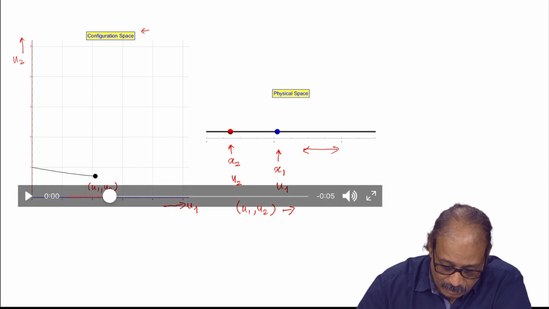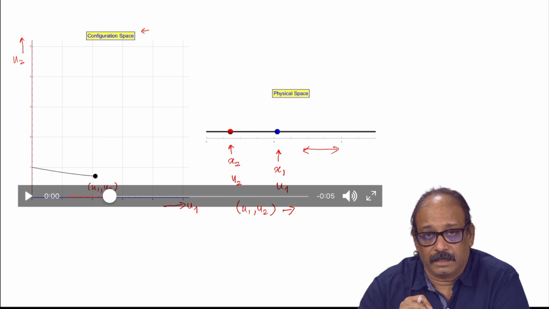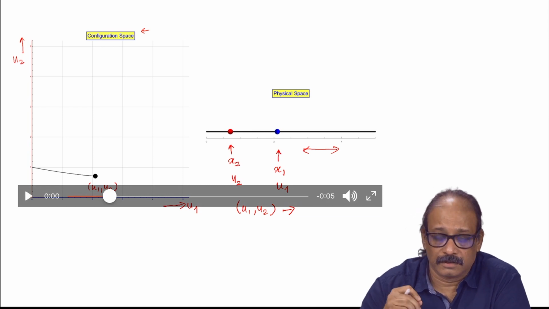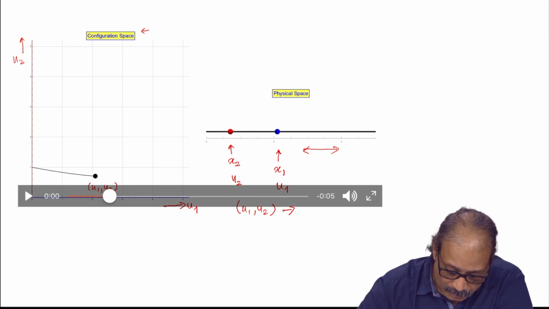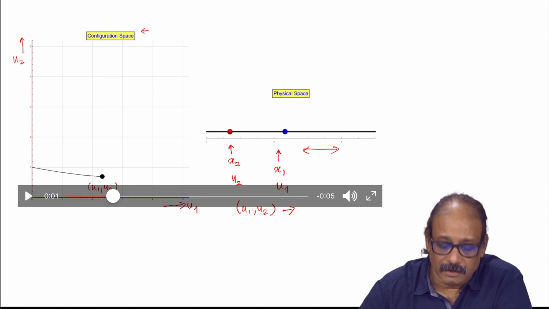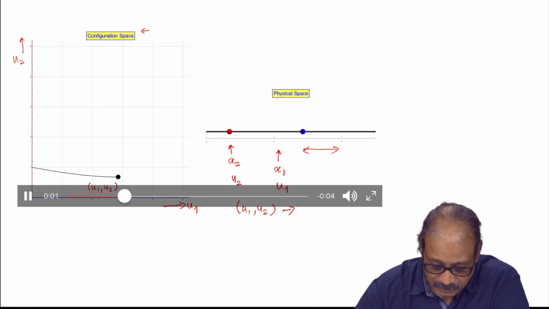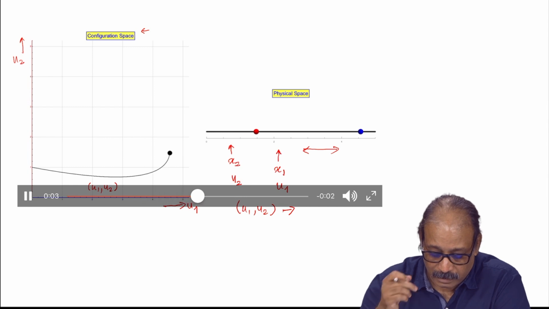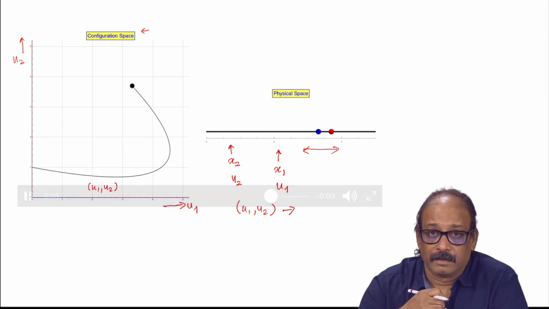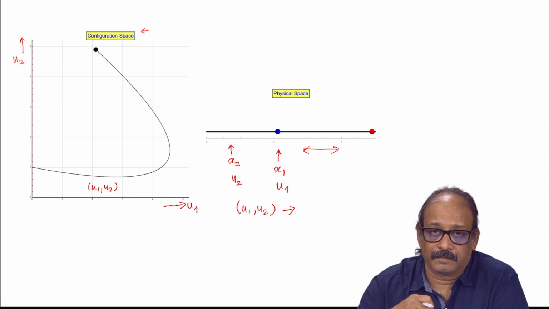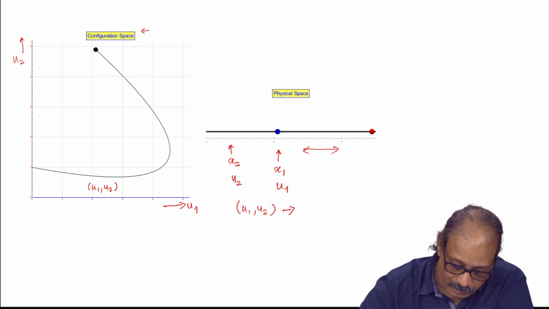And as these particles move in the space, the point in the configuration space also moves. So, if you move these points, then the configuration point also moves, and if there is a motion, as you can see here, then of course, the point in the configuration space will trace out a trajectory.